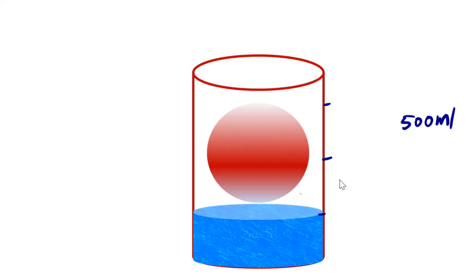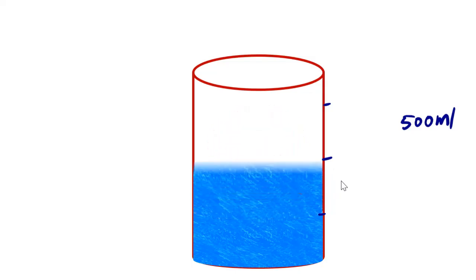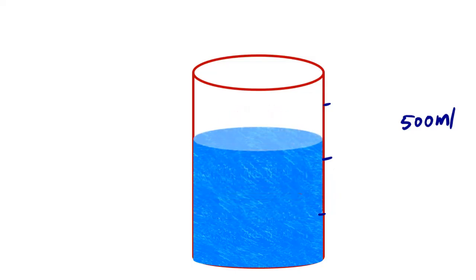Suppose that I am dropping it into the beaker. I have dropped it in and the water level rose. For example, if it was something like 200 ml marked here, another 200 ml marked here, and here it is 500 ml marked. So we know that earlier it was somewhere here.